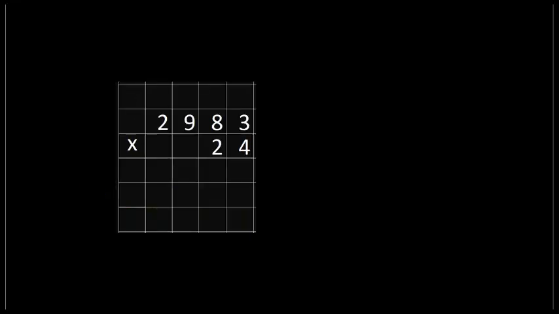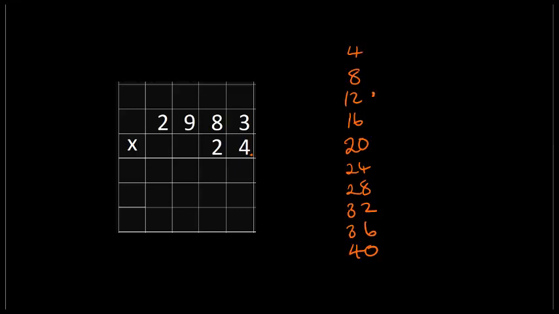First, we're going to multiply by the 4. I've written out the 4 times tables. If you have this memorized, which you should, that is excellent. If you don't have it memorized, please write it down because we need to have the correct answer. So 4 times 3 is 12. We're going to write 2 and carry the 10 over. 4 times 8, 1, 2, 3, 4, 5, 6, 7, 8.